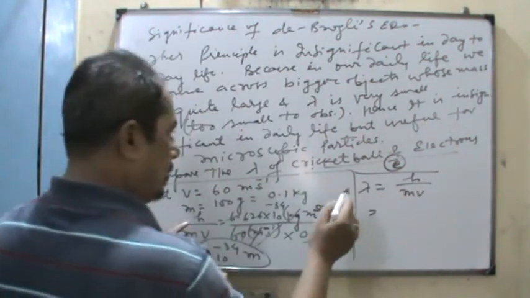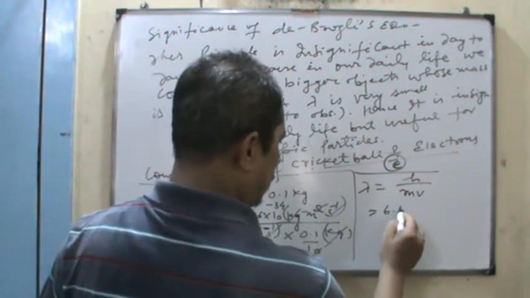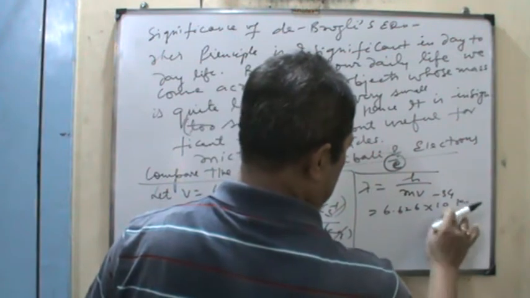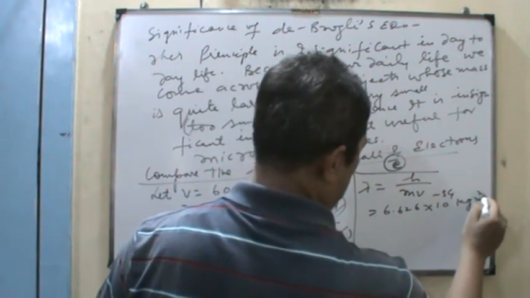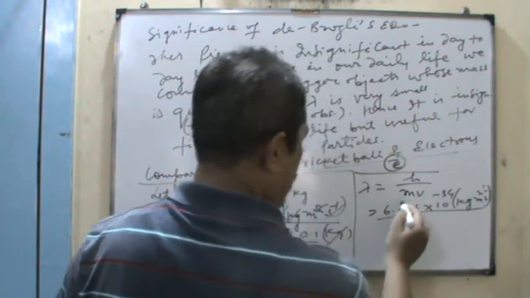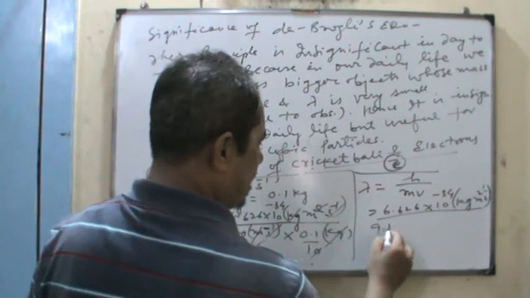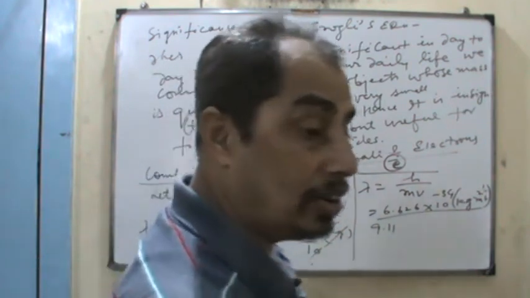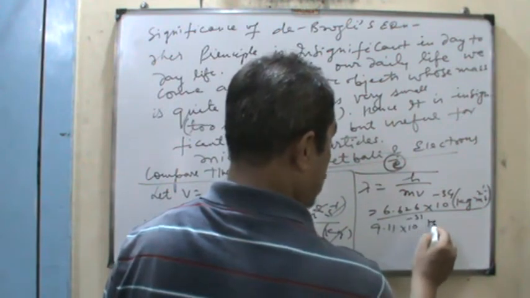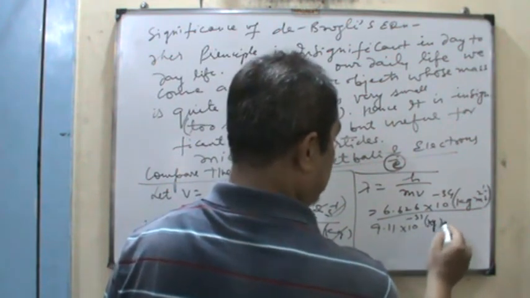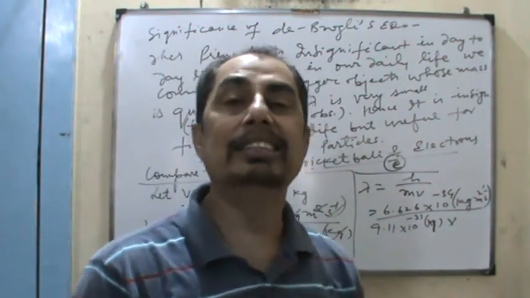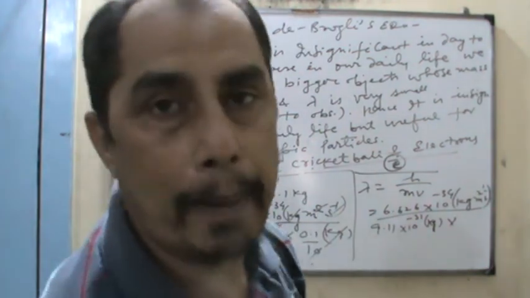Here h is 6.626 into 10 power minus 34 kg m2 s minus 1, and what is the mass? We can't change the mass, because you know the mass of the electron is 9.11 into 10 power minus 31 kg, and the velocity is the same. I have assumed the same velocity, 60 meter per second.